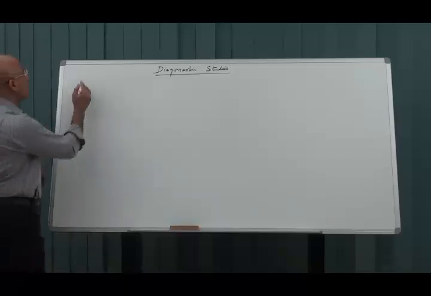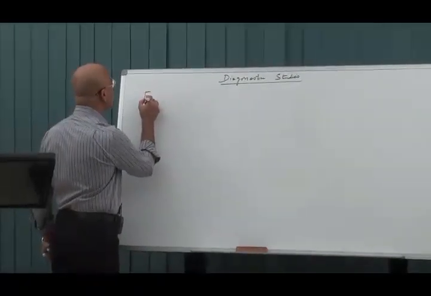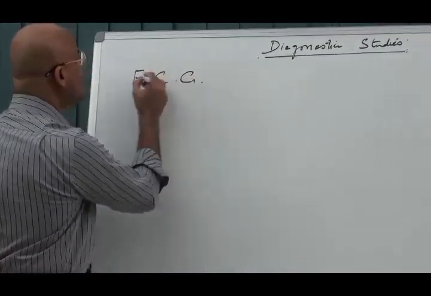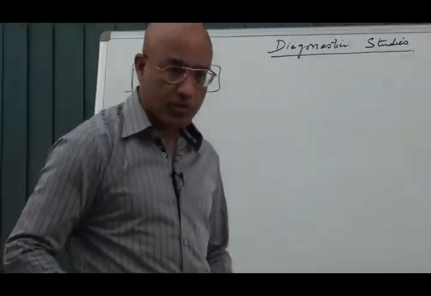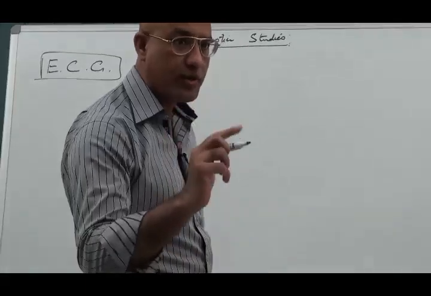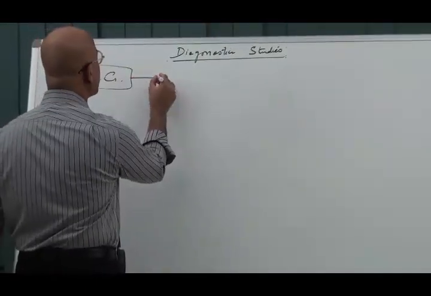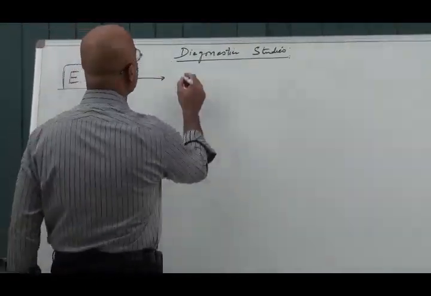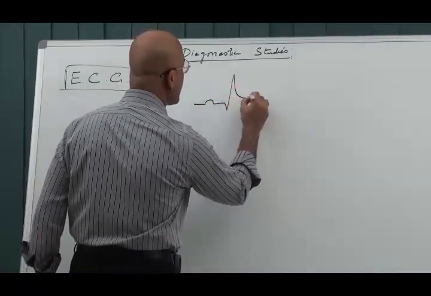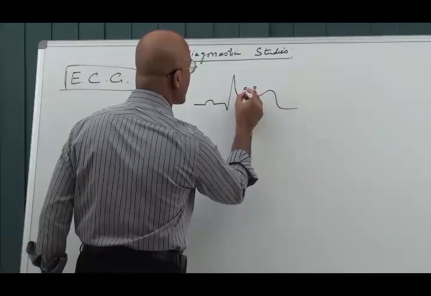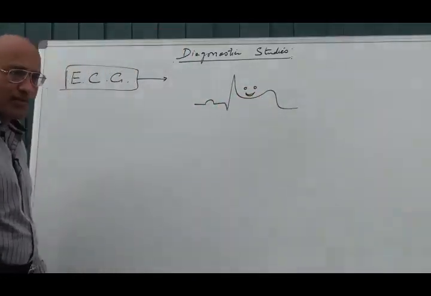Now we come to some other tests. For example, what you may find on ECG. On ECG, number one, features of acute pericarditis may be there, which we discussed in detail in a previous lecture, that is ST segment concavity upward, right?